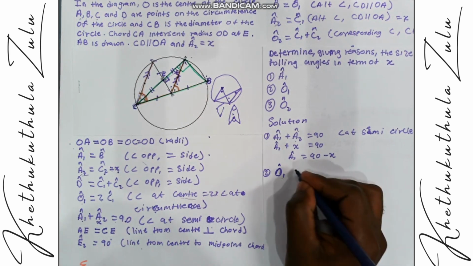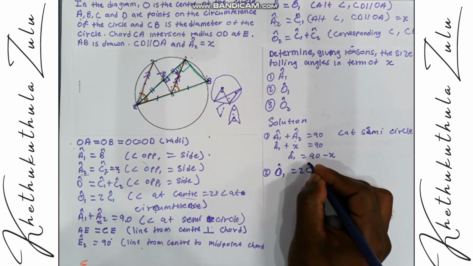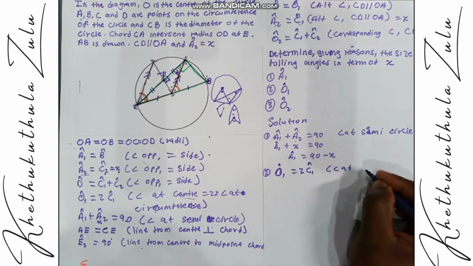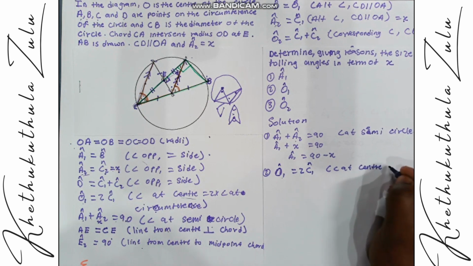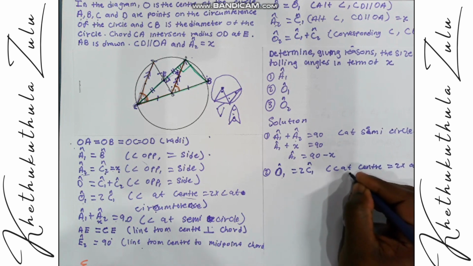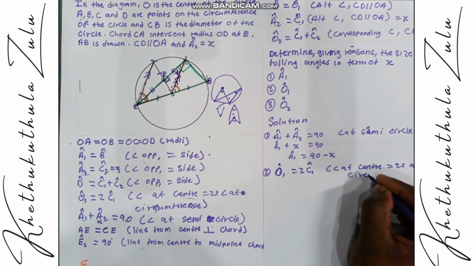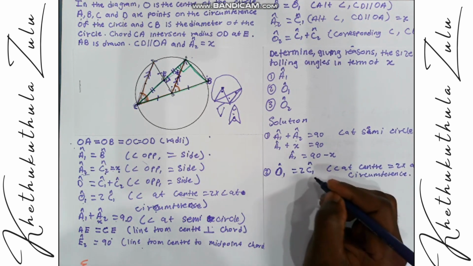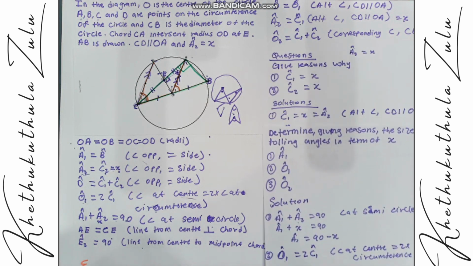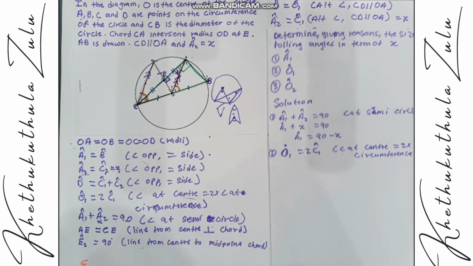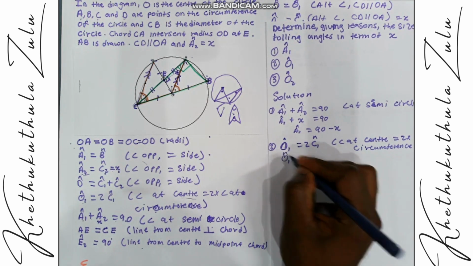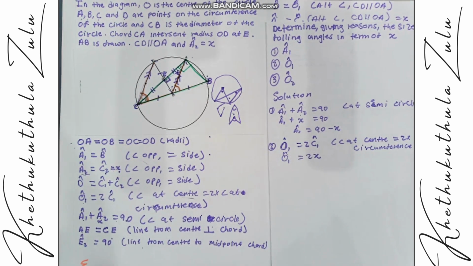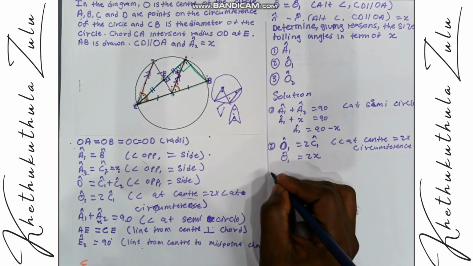So we know that O1 is equal to 2 C1, and we know that C1 from what we did here is equal to x. So O1 is just equal to 2x. I hope you see guys, it's very important.